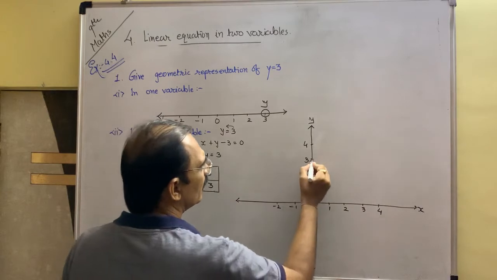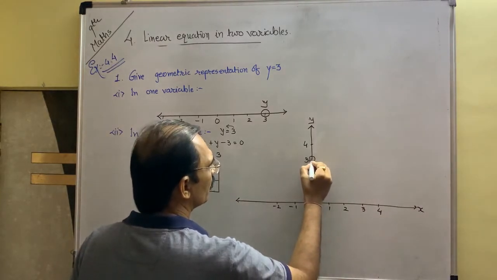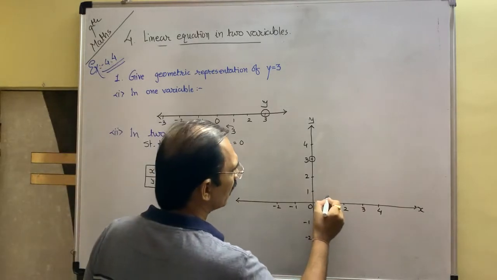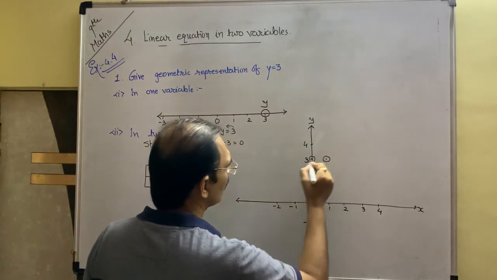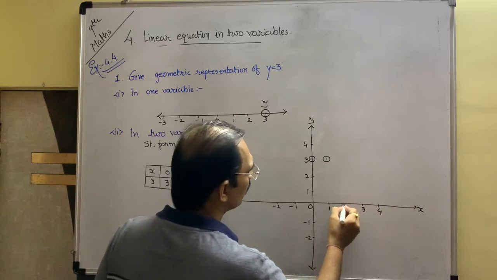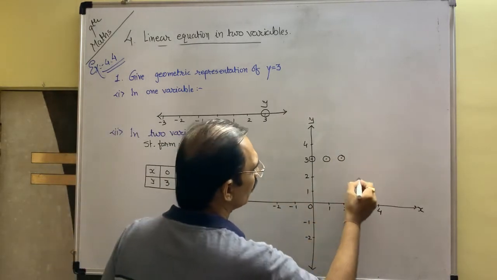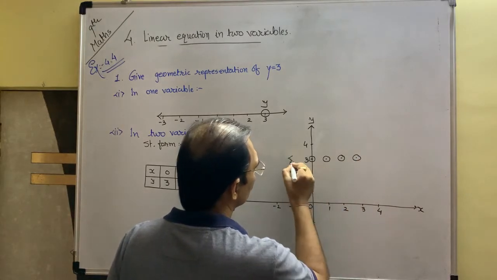On the y-axis, find 3. This is your first point. 1, 3: x is 1 and y is 3. X is 2 and y is 3. X is 3 and y is 3. Okay, so this is your graph.